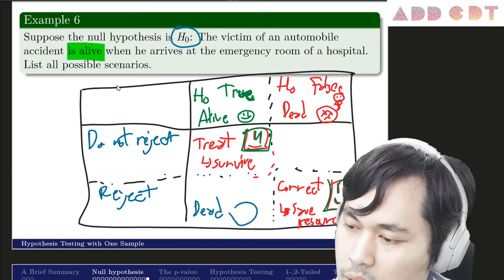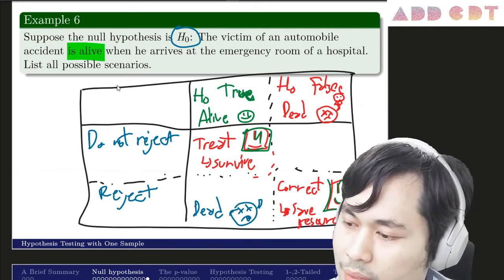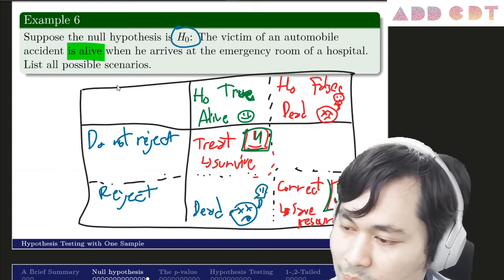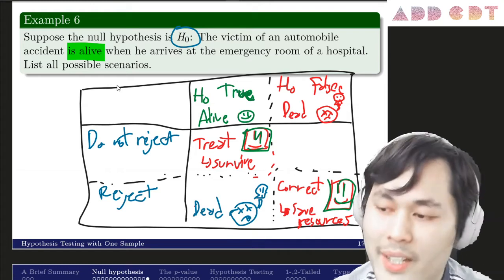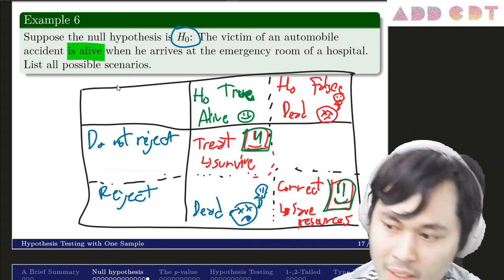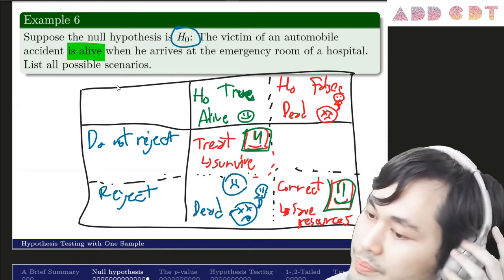And of course that's bad. We should have treated him, but now he's dead because we made an incorrect judgment. Of course we are not going to be happy with that scenario.